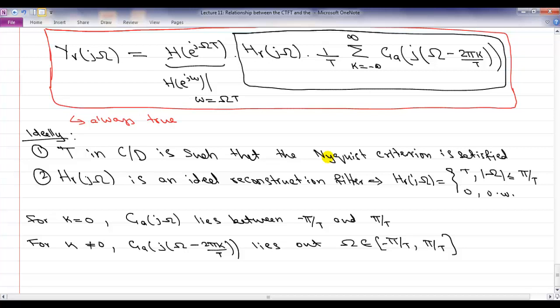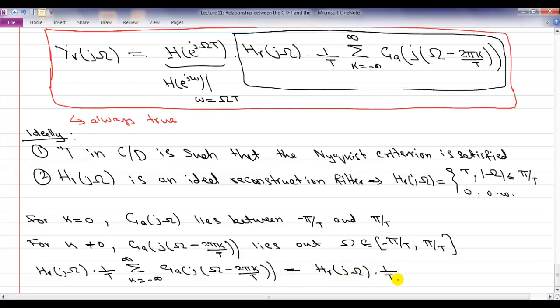So under these assumptions, H_R of j omega times 1 over T summation k from minus infinity to infinity G_A of j omega minus 2 pi k over T is nothing but equal to H_R of j omega times 1 over T times G_A of j omega.